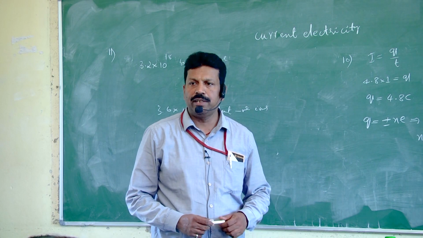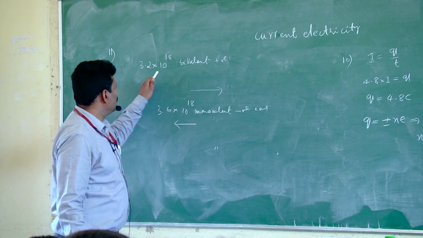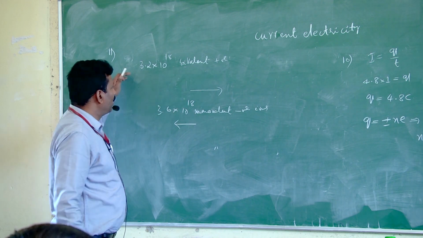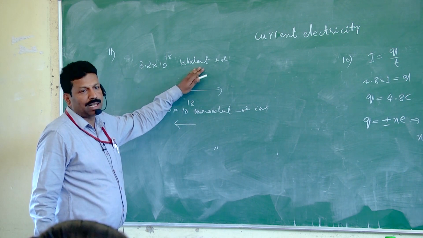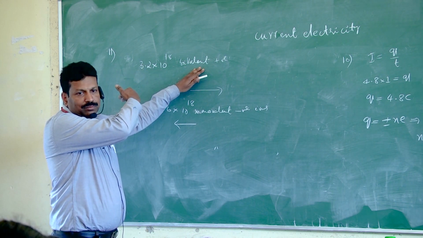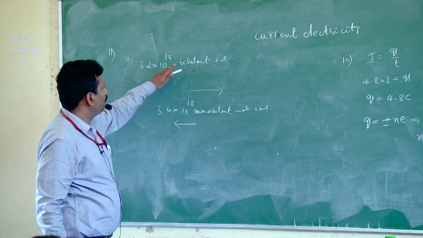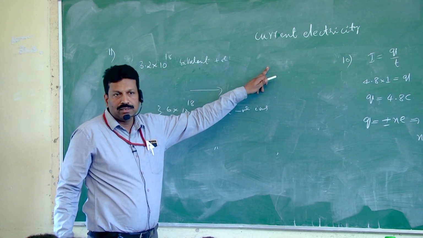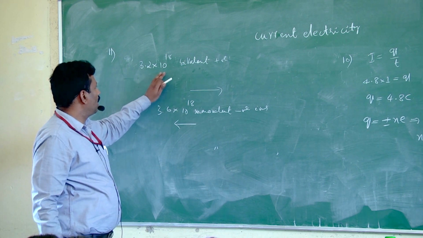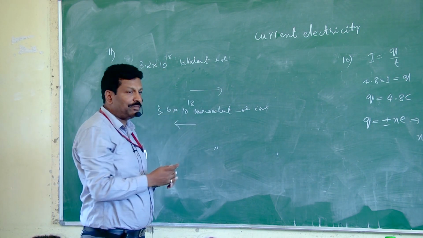What is the direction of current? From positive to negative end. Right? Here bivalent positive ions are moving towards right. This represents current. And an equal number of negative bivalent ions are moving in this direction. What is the net? 3.2 into 10 to the power of 18 bivalent positive ions are moving this side. So we have 3.2 into 10 to the power of 18 bivalent negative ions moving towards left, plus this.